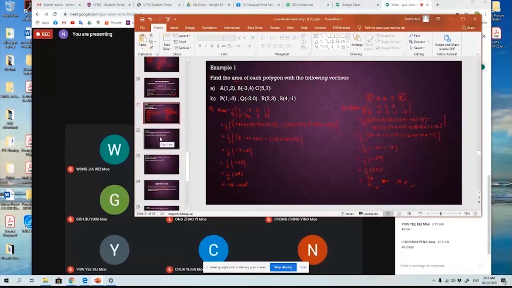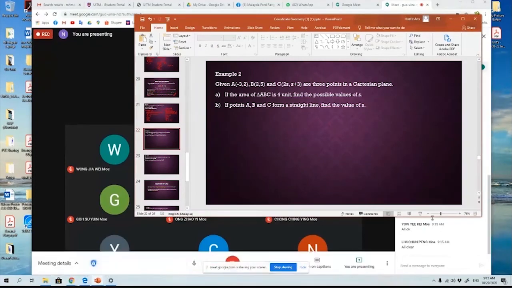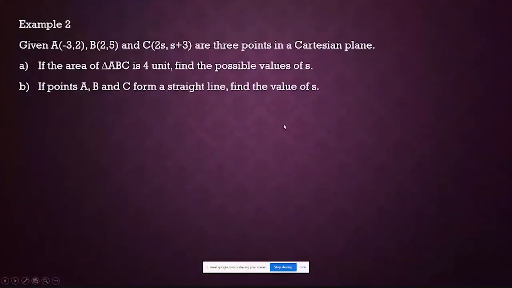Okay, next. I proceed to example number 2. Given A (-3, 2), B (2, 5), and C with coordinates (2s, s + 3), these are 3 points in the Cartesian plane.